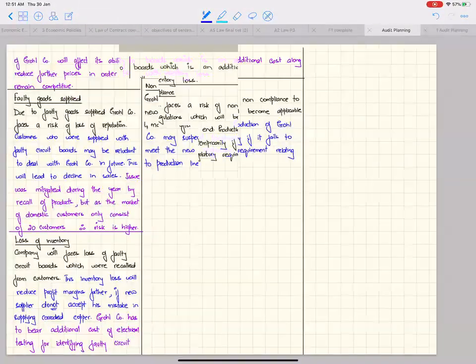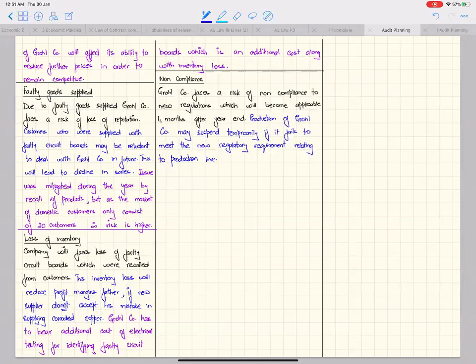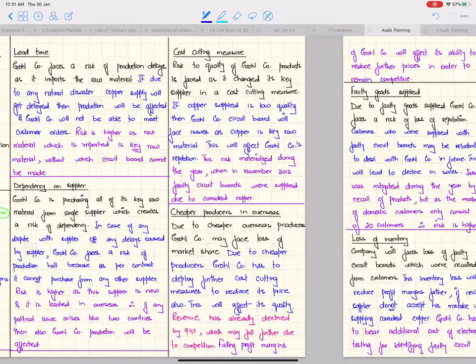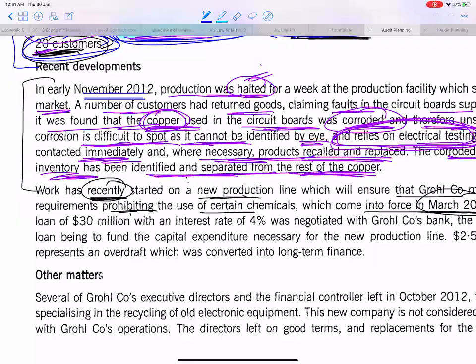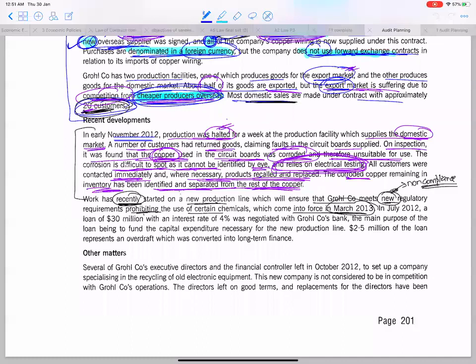Now see, I have written the risk, that the risk is of non-compliance. I have written the impact, that the impact will be that our production may suspend if we fail to meet regulations relating to the production line. Now, what will be the evaluative comment? The evaluative comment is that we have just recently started the work on new line.